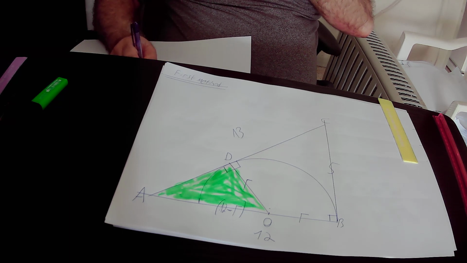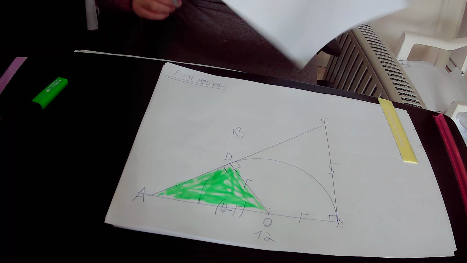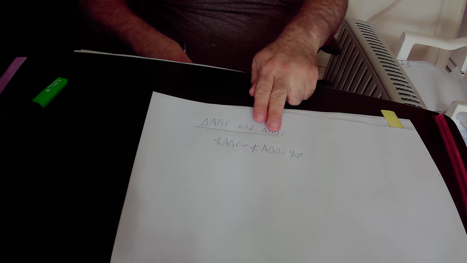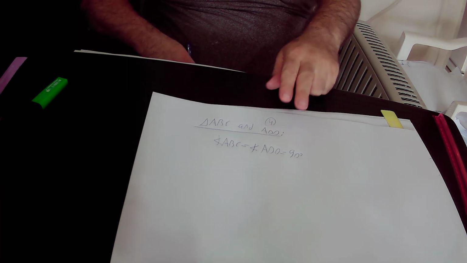And both angles are equal to 90 degrees. I'll repeat again. Angle ABC of triangle ABC is equal to angle ADO of the green triangle, and both angles are right angles, that is to say they are equal to 90 degrees.